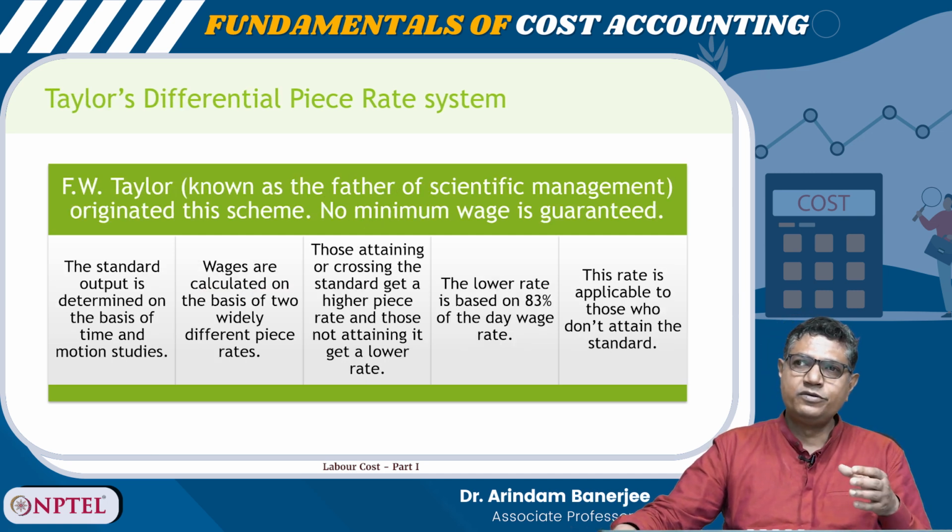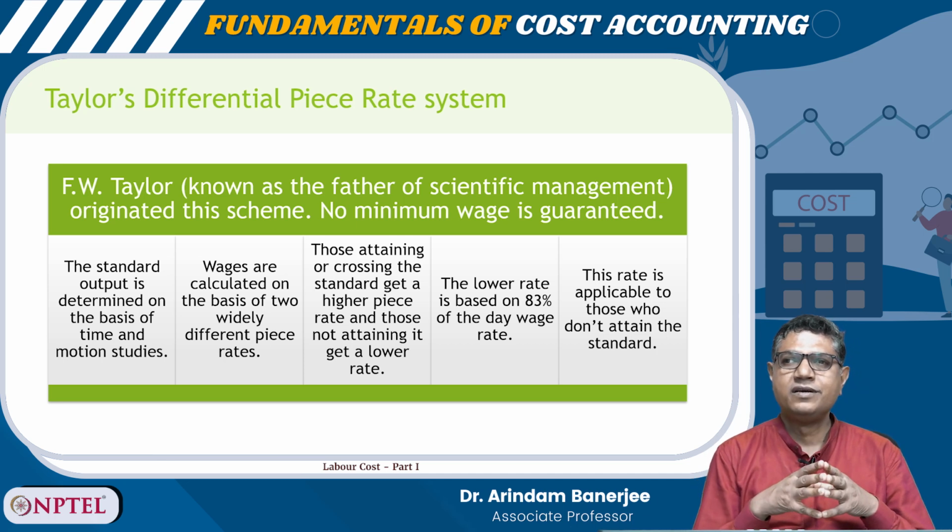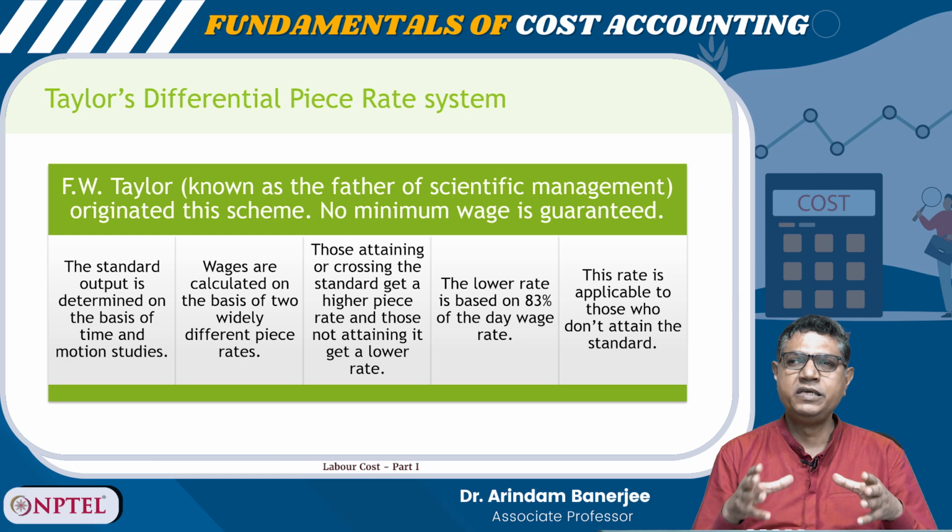Now, these two systems, the time rate and the piece rate or the unit rate, are pretty straightforward, but the point is that in the first case the efficiency is not rewarded, and in the second case efficiency may be rewarded, but because of other reasons which are not linked to the worker's efficiency, he may get a lesser amount of incentive.